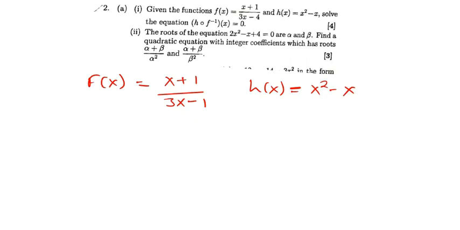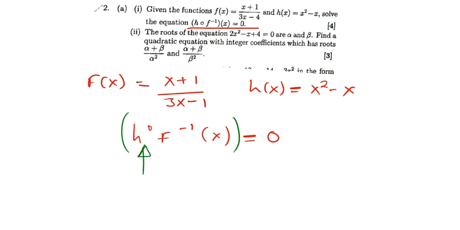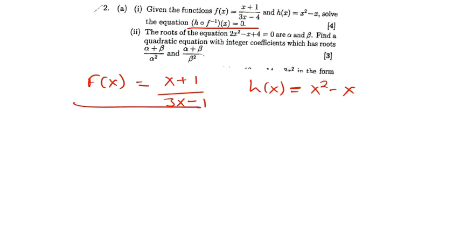We are told to solve the equation h of f inverse of x being equal to 0. So the two functions we identify here are h itself, which is maintained, and the inverse of f. What we don't have is the inverse of f, so I have to find the inverse of the function of x.